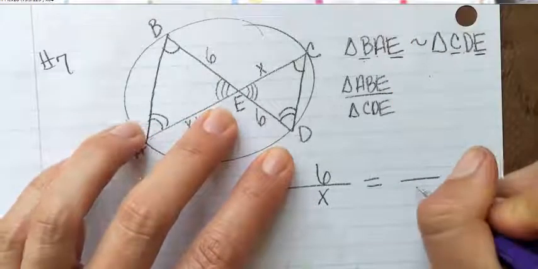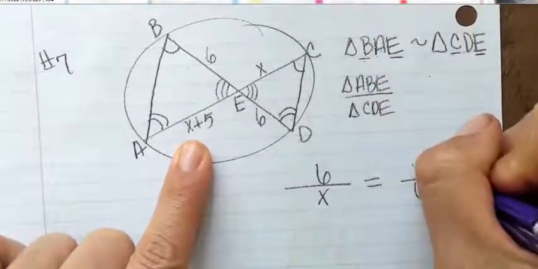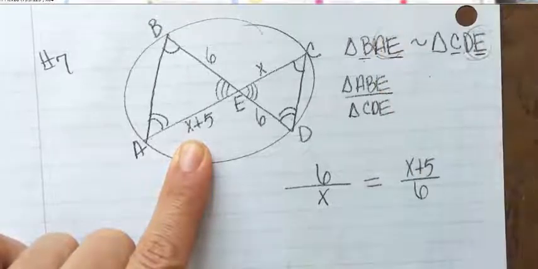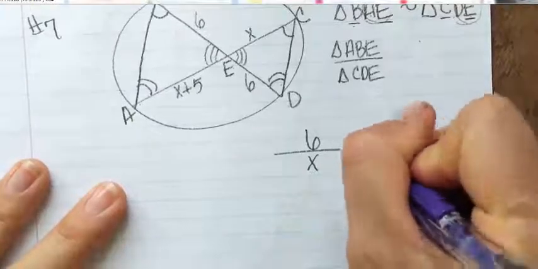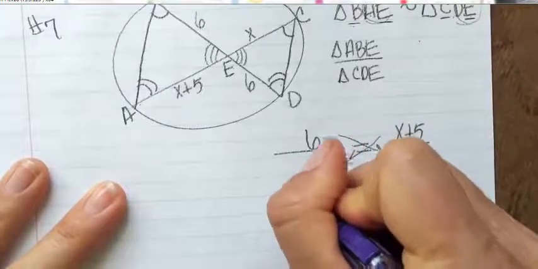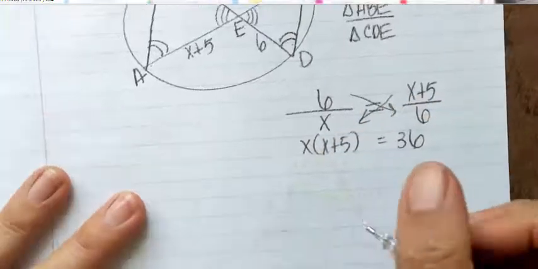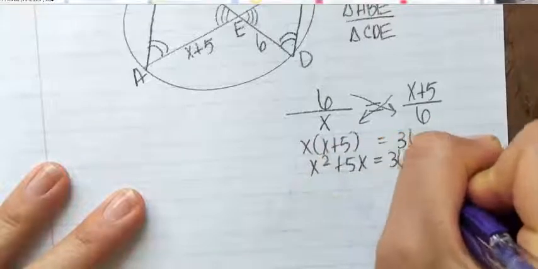So ED goes on the bottom, that's 6, and EA is over here, which is x plus 5. See how those were in corresponding positions? That's how that works. Then I'm going to cross multiply and solve my proportion. So I'm going to have x times x plus 5 equals 36, or x squared plus 5x equals 36.